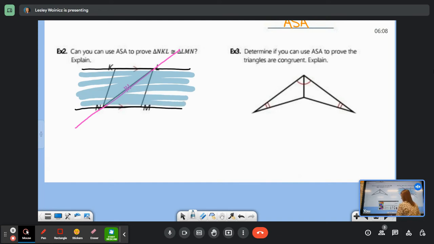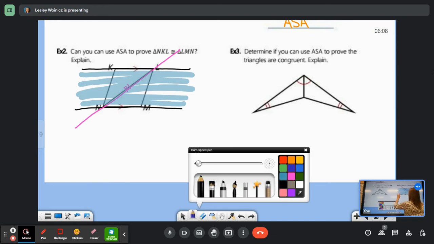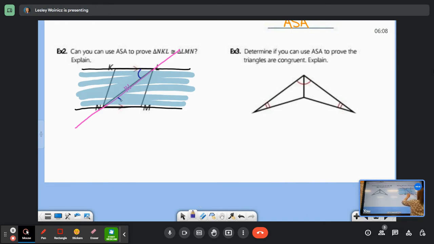Now inside of my parallel lines in the interior, I have a pair of alternate interior angles. So I know that those two angles are congruent. So I just have an angle, a pair of angles, and a pair of sides, but that is all that I have. I don't have any other information.